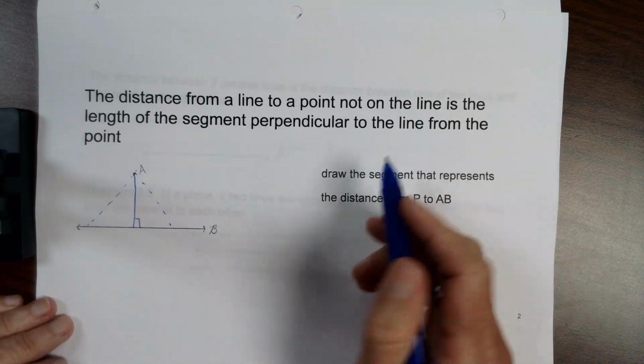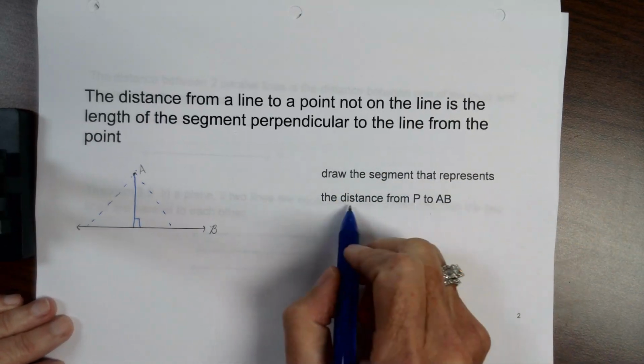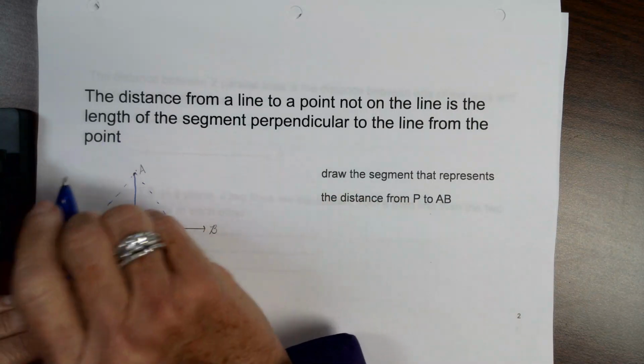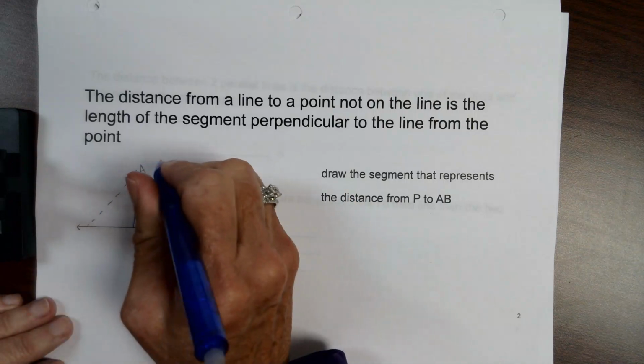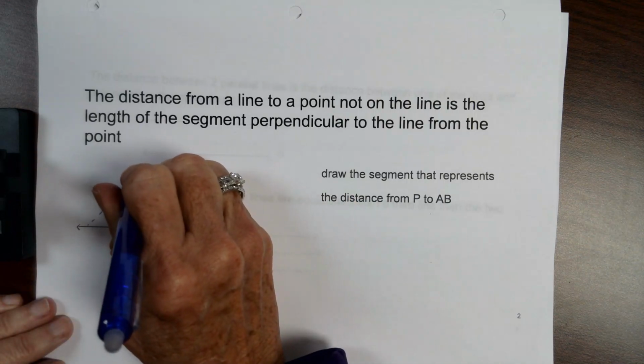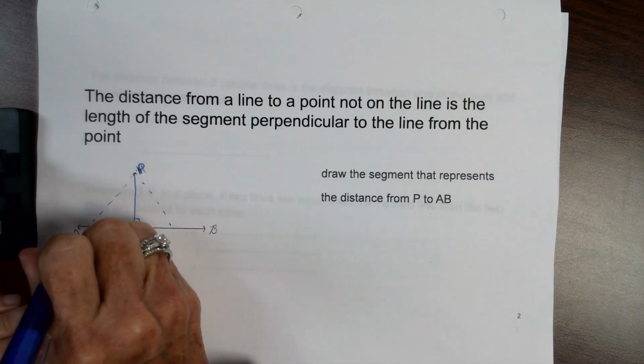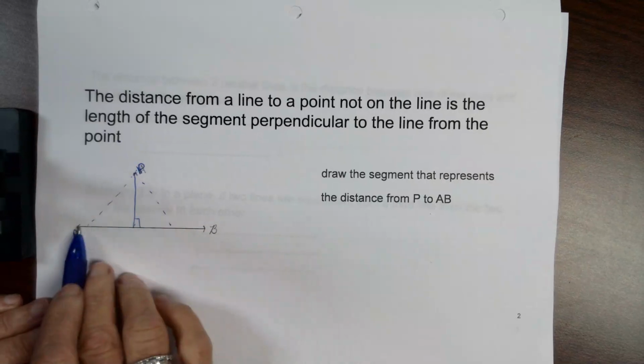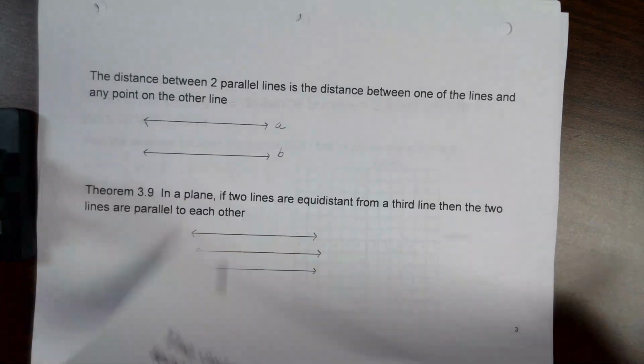It says draw the segment that represents the distance from the point P to AB. So this would have been P, and this would have been AB, and this would be the distance between point P and AB.